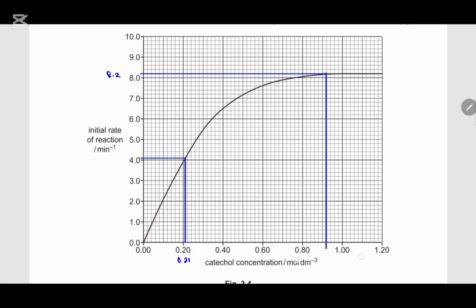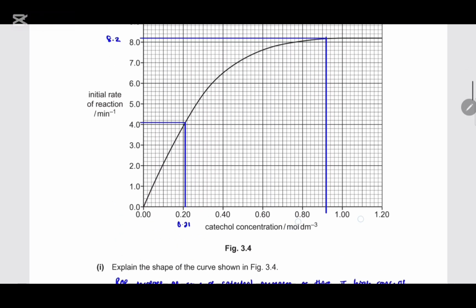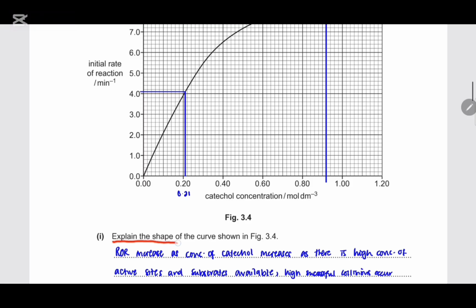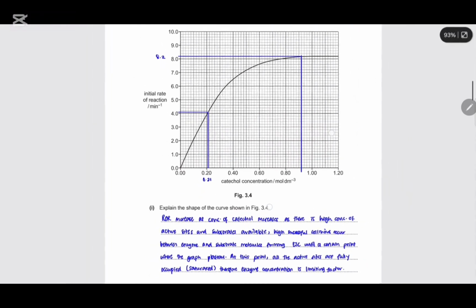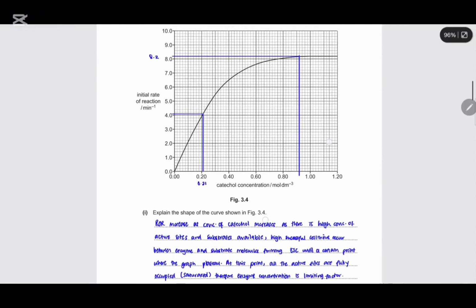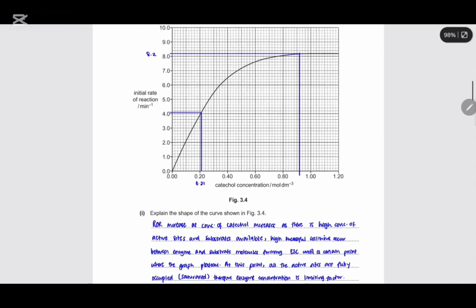All right, let's look at what the question is asking. They wanted us to explain the shape of the curve. So we're not going to be describing. We're not required to describe, you just immediately explain what is currently happening. So I want you to observe the graph that I have there, and then I want you to read the answers that I have written here for you. I will try to tell you which parts of the graph I am explaining.